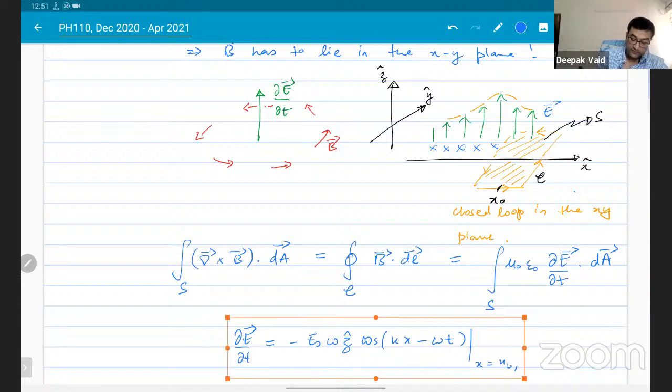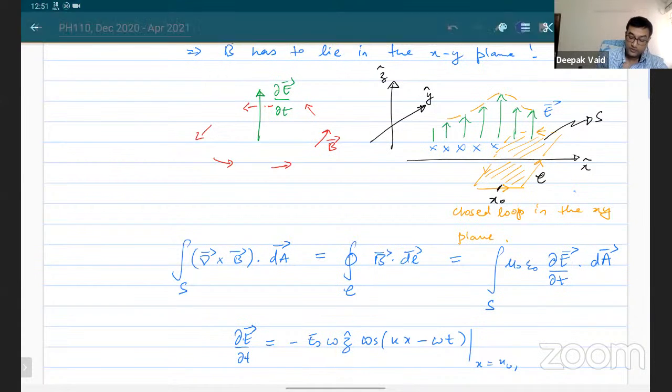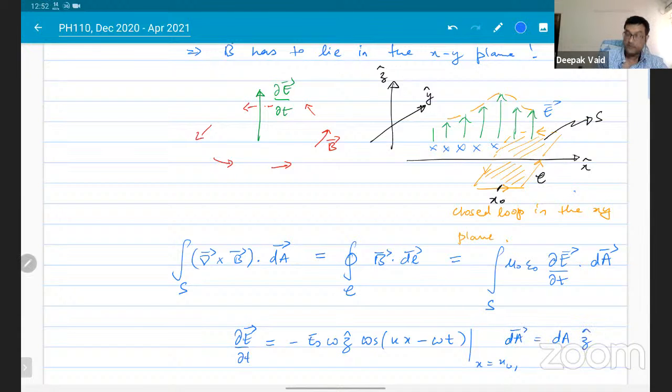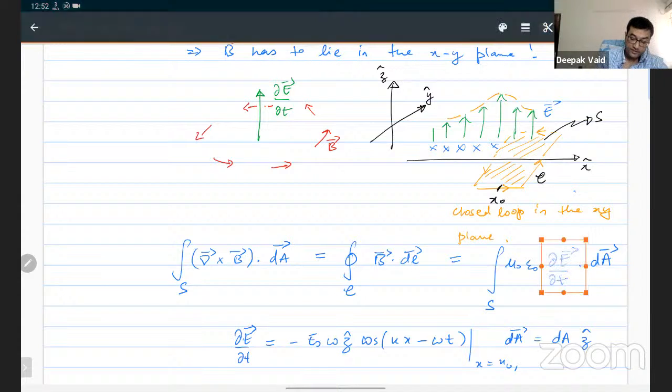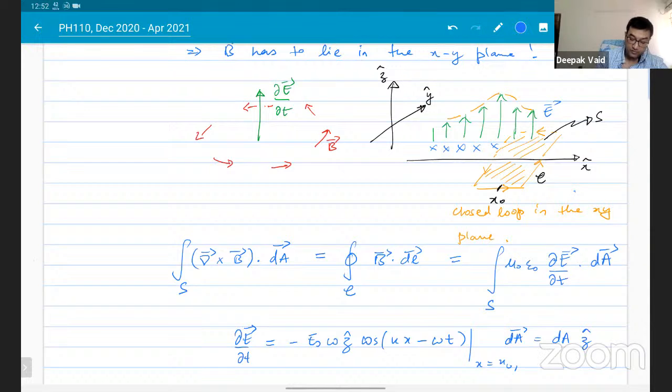So when I calculate the flux through this loop, what do I get? dA is also in the same direction. dA is the area element times z hat. So if I take the dot product, what do I get?